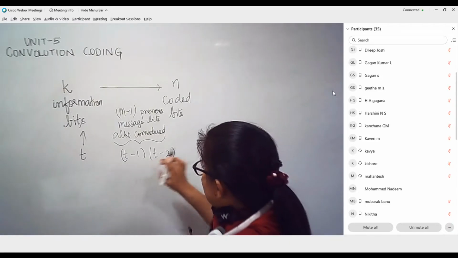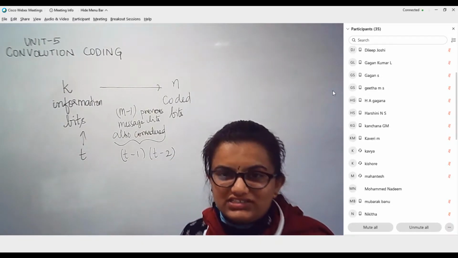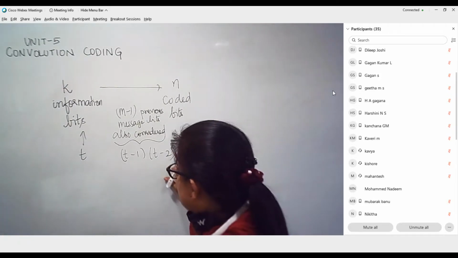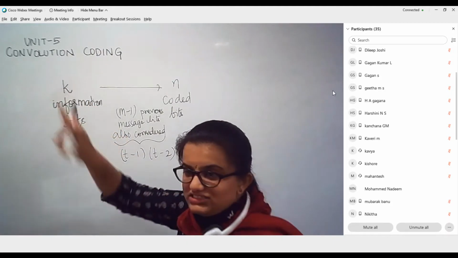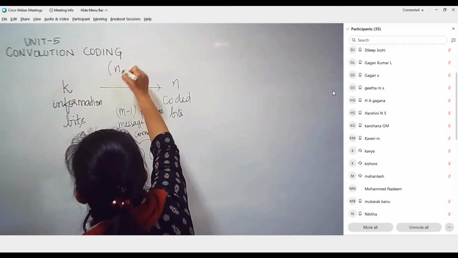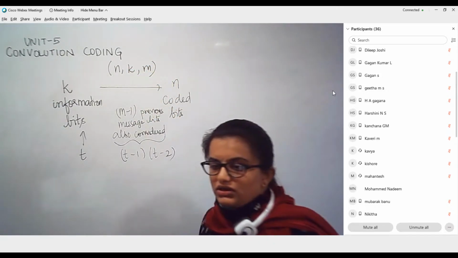The number of memory bits that I want to choose is up to the designer who designs the convolution code. So these types of convolution codes are addressed as (n, k, m) convolution code.